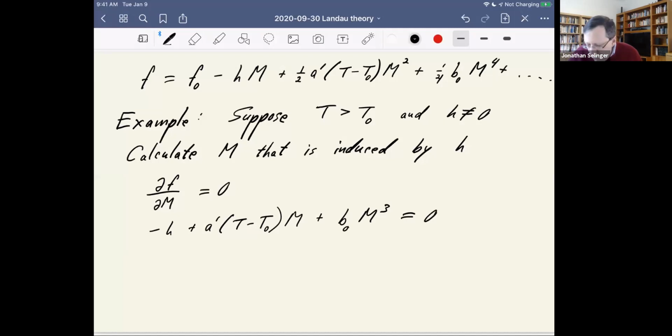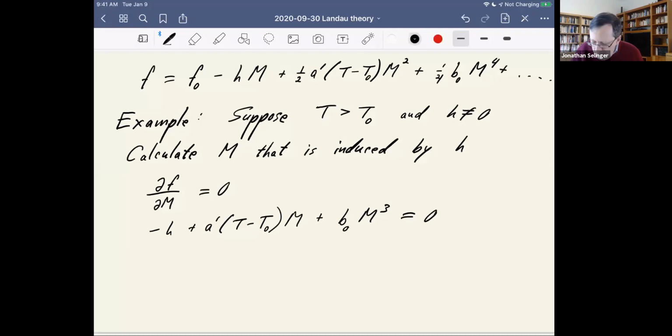All right, well, this is a cubic equation. It looks hard, okay? But we can make an approximation to solve it, okay? Remember, we're assuming that h is small, and therefore that m must be small.